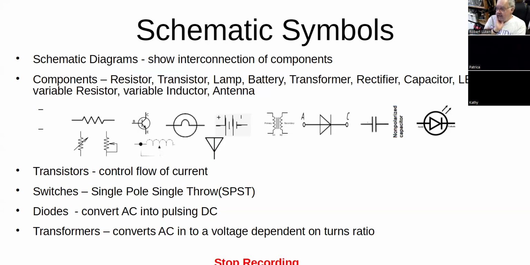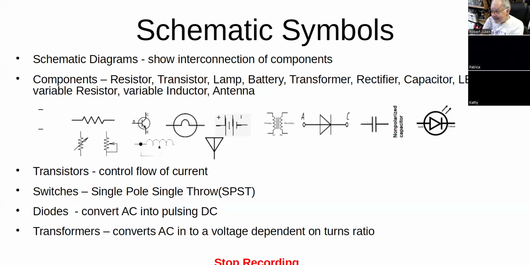Okay. Next one is a capacitor, just a plain old ordinary capacitor. Sometimes you may see one of those plates as a curved line instead of a straight line. It really makes no difference. Same thing. You notice it says non-polarized.